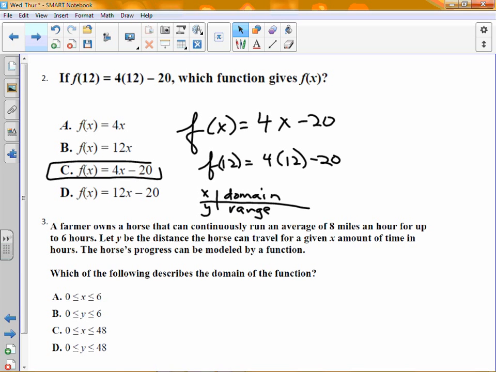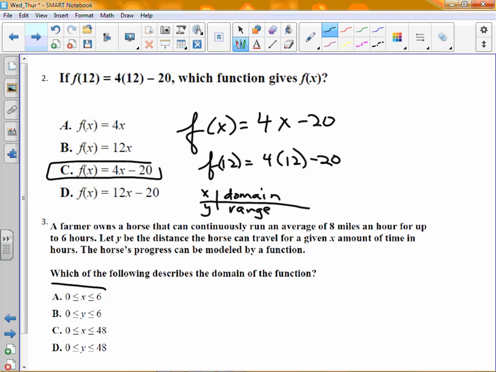Six. 8 miles an hour for up to 6 hours. So the most time can be is 6. What's the least amount of time can ever be? 0. So which one of these shows x being between 0 and 6?